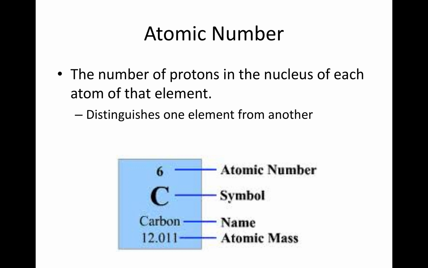So if you look at carbon, you see its atomic number is 6, therefore it has 6 protons. If you pick any other element from the periodic table, look at that number, and you'll know exactly how many protons it has. And so the atomic number and the number of protons is what's important to distinguish one element from another.